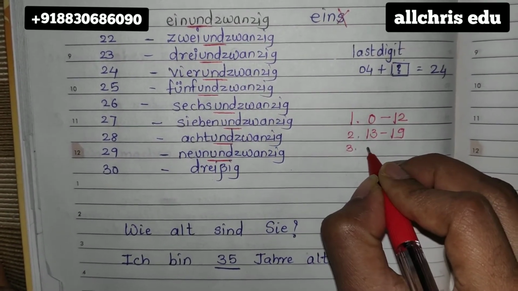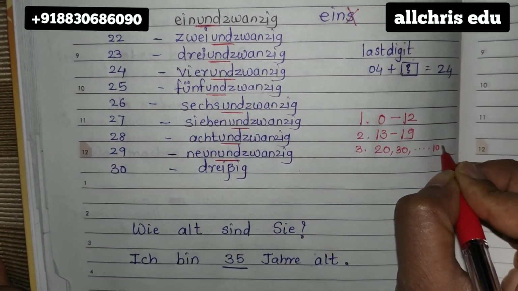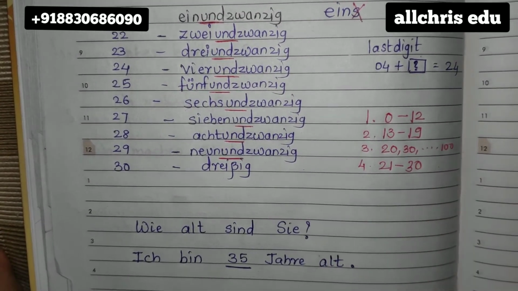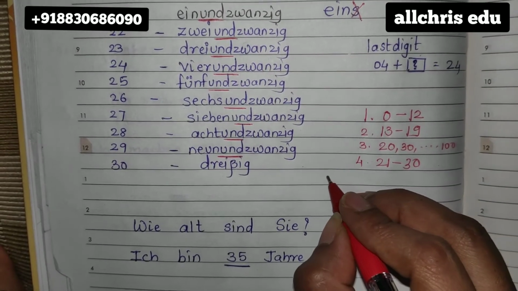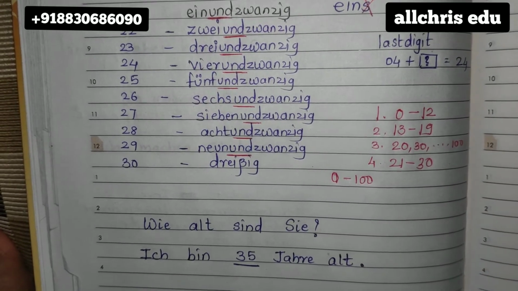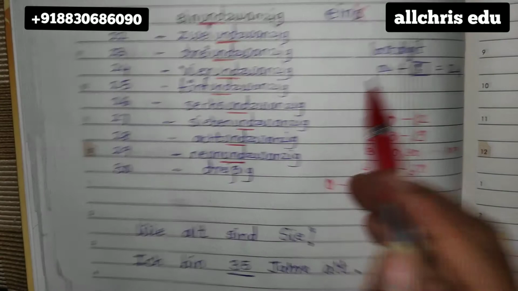The third step was 20, 30 till 100. And the fourth is 21 to 30. If you know these 4 steps, you can of course start from 0 to 100 by yourself. You can write it by yourself. Okay? 21 to 30, same.